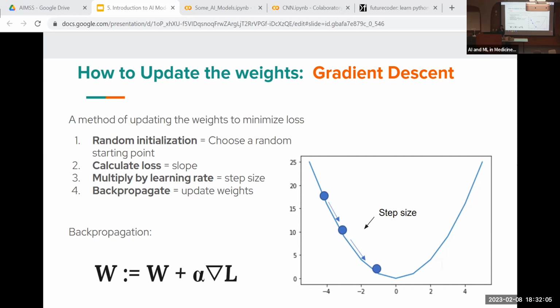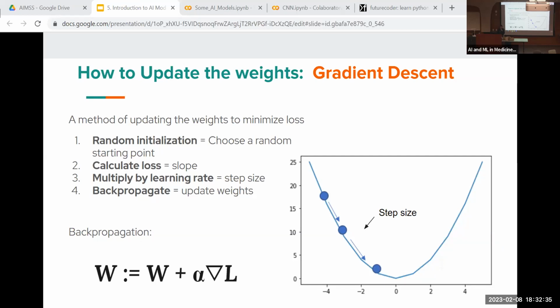Then, based on the weights that we have, we calculate the predicted output and compare it to the actual output that we have in the data set. Based on that, we can calculate the loss, and based on that loss, we can move toward a better value for our weights. We use an update rule for that, which is written here, and it's called backpropagation.